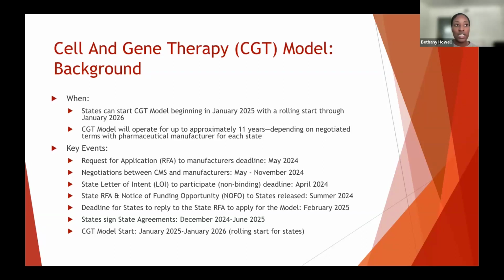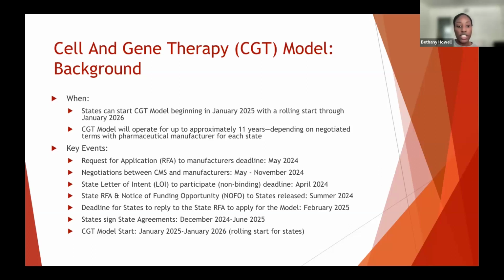So if a state doesn't submit a letter of intent, it doesn't mean that they won't be eligible to participate in the model when it begins. State requests for applications and notice of funding opportunities are set to be released in the summer. And so we'll have more detail about what the terms of the funding opportunities are in the next couple of months.